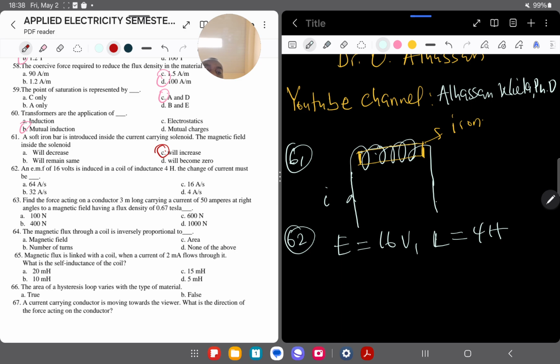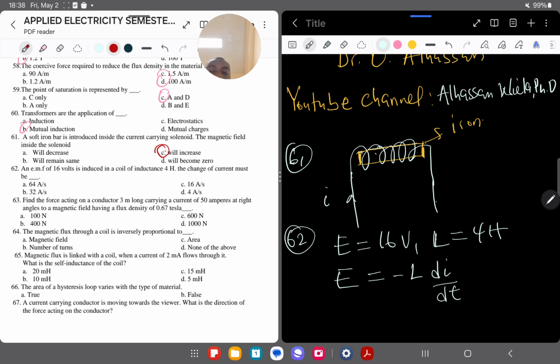So if you have a coil, the voltage, or you can call it the induced EMF, will be equal to minus the inductance times the rate of change of current.